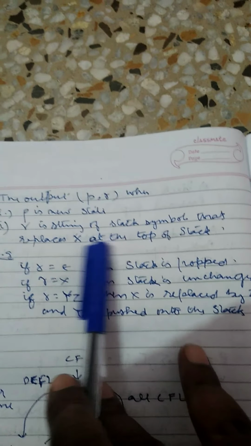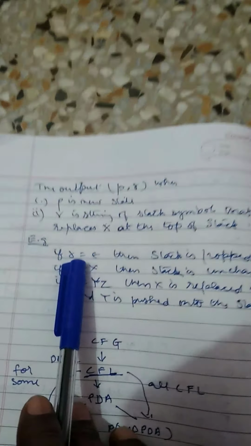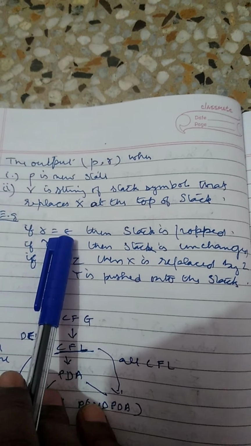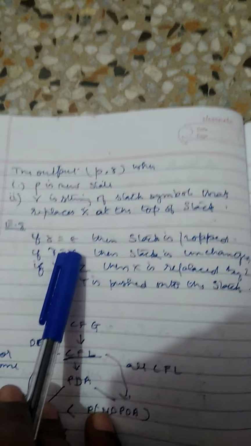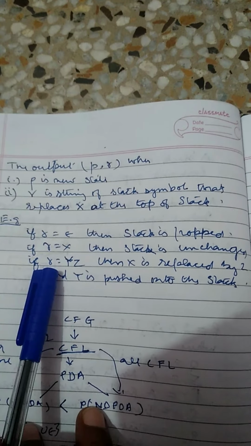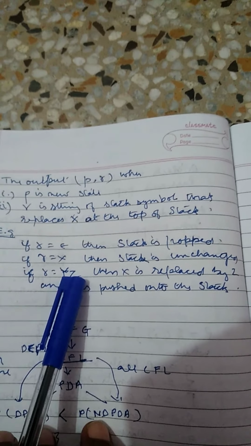For example, if gamma is epsilon, then the stack is popped, that is, symbol X is simply popped. If gamma is equal to X, then the stack remains unchanged. If gamma is equal to YZ, then X is replaced by Z and Y is pushed onto the stack.